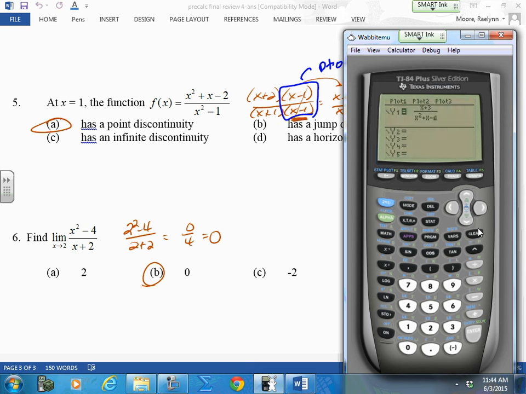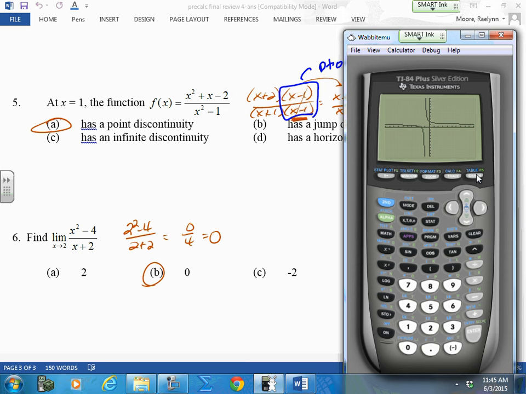So let's graph this. You have an asymptote, so you have a place without bounds here. An infinite discontinuity?